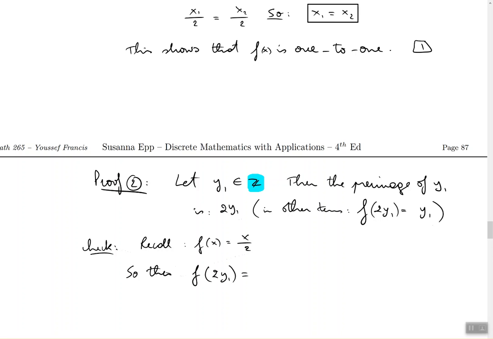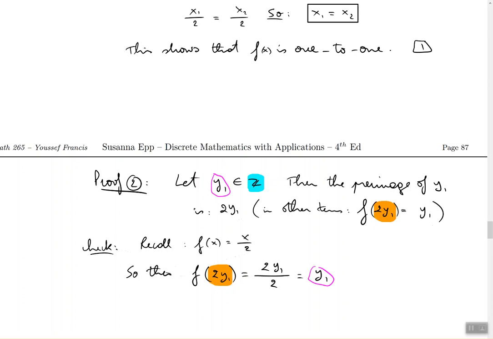Okay, so that's supposed to be my input. If I plugged it in, it would get divided by 2 automatically, because the function always takes the number that you plugged in and divides it by 2. And when you divide it by 2, you get y1 back. And the y1 that you got back is the number in the codomain.